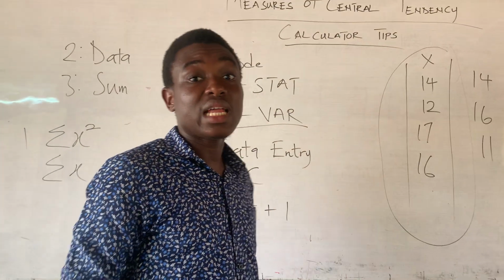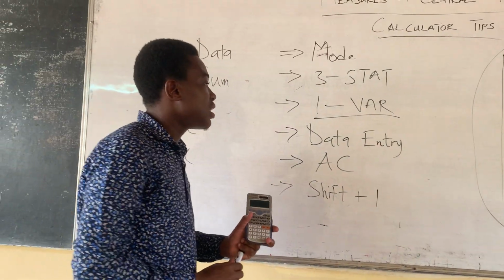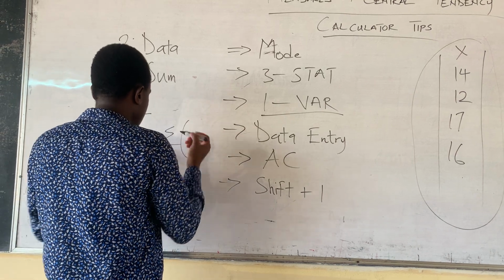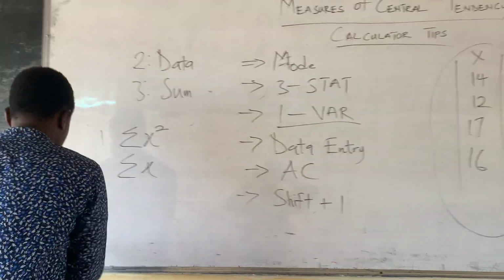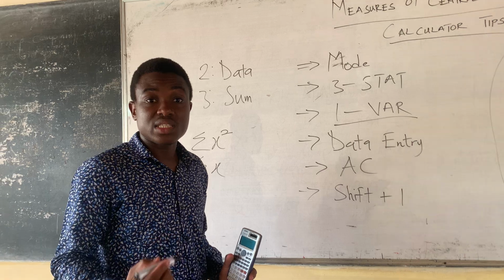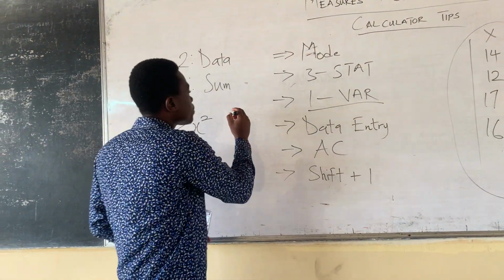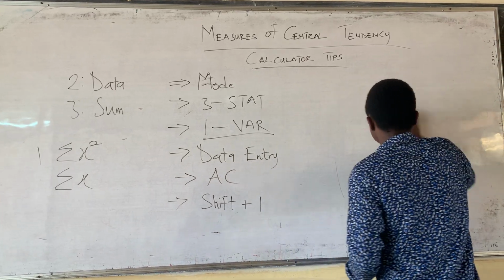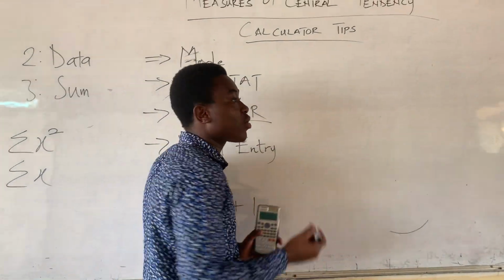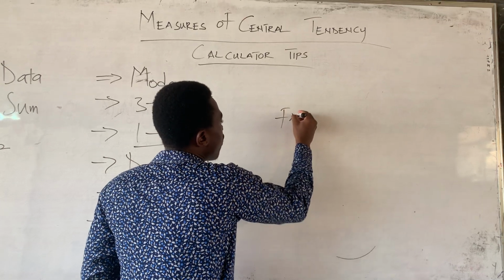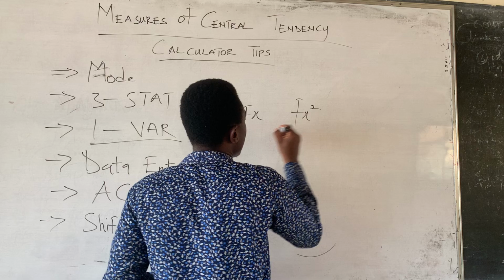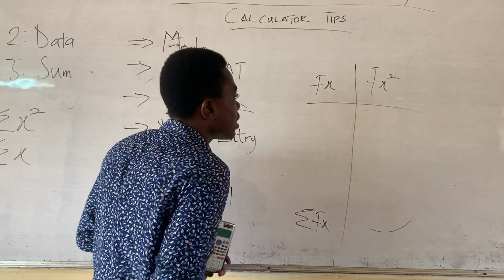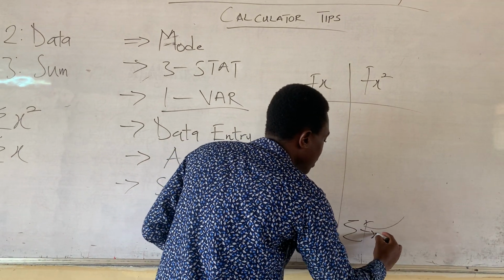Now in solving for standard deviation, when you are doing your computations, you realize that at a point you have a column for fx and then you have a column for fx squared, and at the end of this column you have your summation fx, and then at the end of this column you have your summation fx squared.